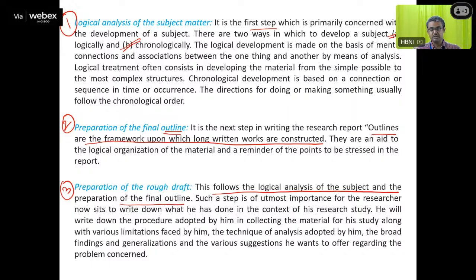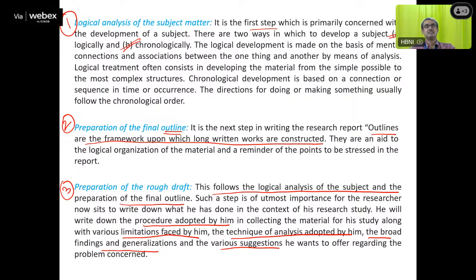Such a step is of utmost importance, for the researcher now sits to write down what he has done in the context of his research study. He will write down the procedure followed by him, means the experimental chapter, in collecting the materials for his study, along with various limitations faced by him, the technique of analysis adopted by him, the broad findings and generalizations in the conclusion chapter, and the various suggestions, future scope, he wants to offer regarding the problem concerned.